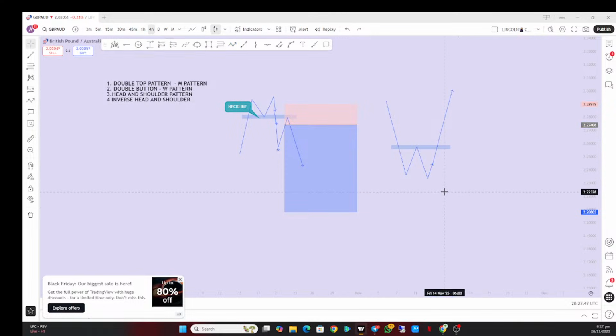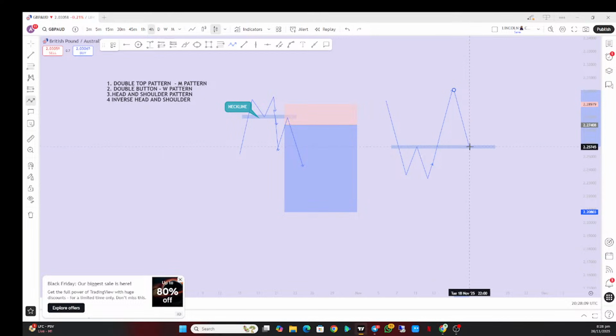The same scenario. If price is able to break but closes very far, all that you need to understand is that you are waiting for a retest, because you want to capitalize on it. So now price has broken and closed very far.